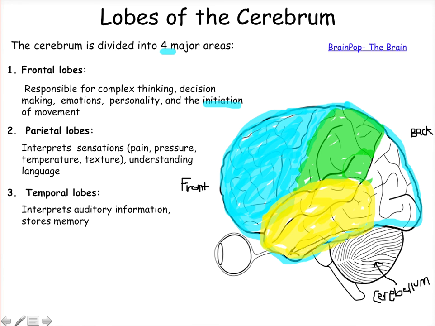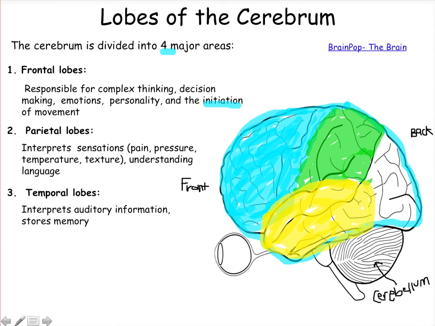The temporal lobes are responsible for interpreting auditory information. The word auditory means sound information, information that would be coming from your ears and going to your brain to be understood or to figure out what that sound is. In addition, this lobe also stores memory.